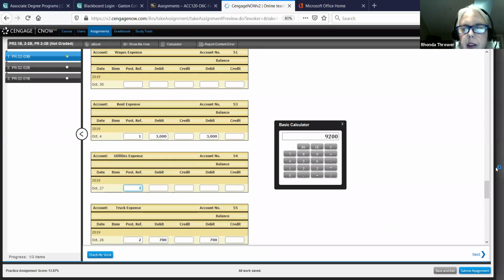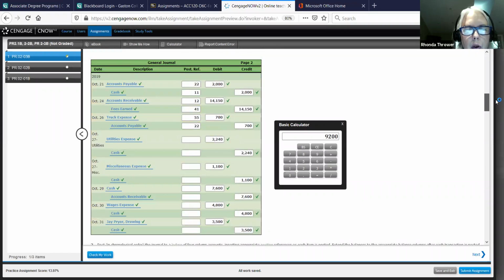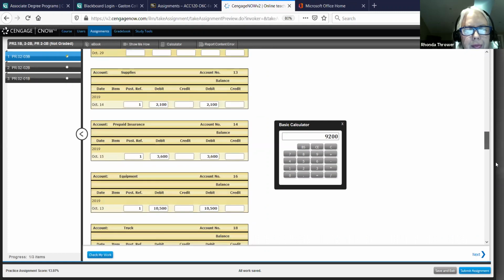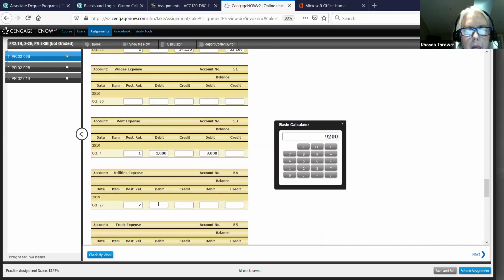We're going to put in the debit to the utilities expense, which was $22.40. I'm going to have a debit balance of $22.40 because expenses increase on the debit side.